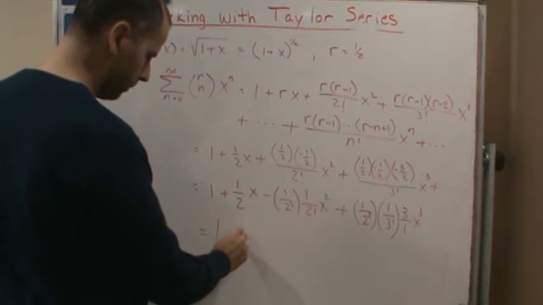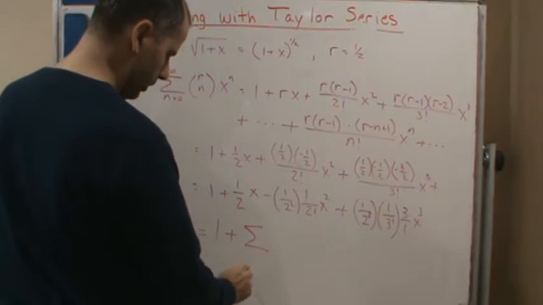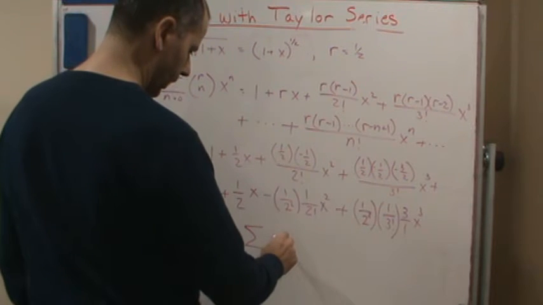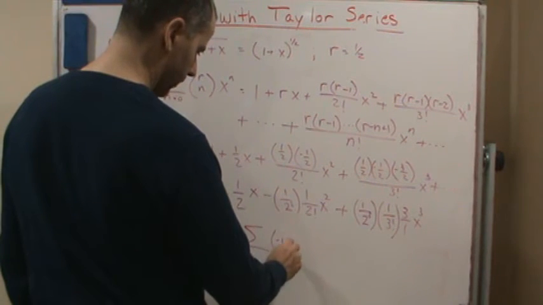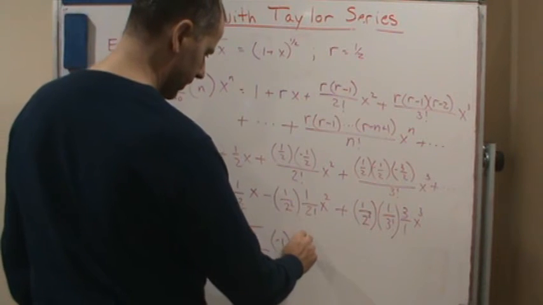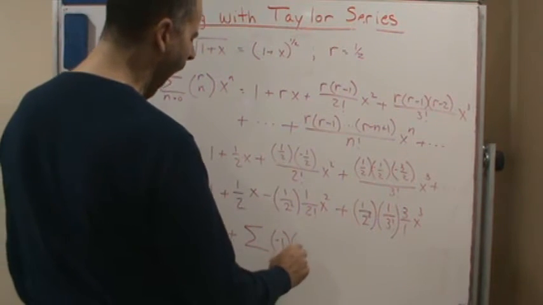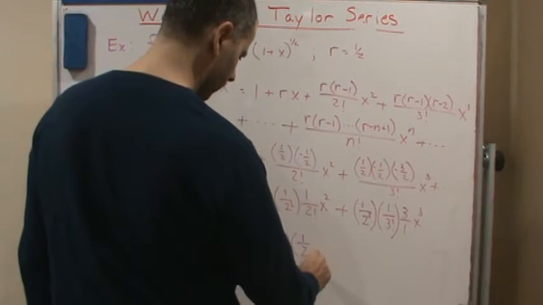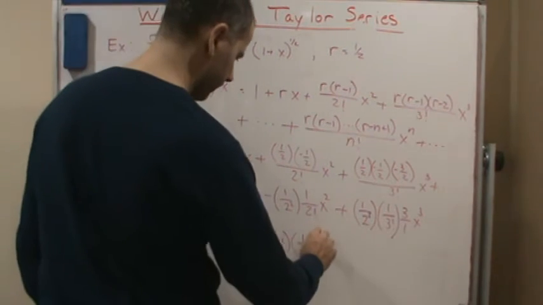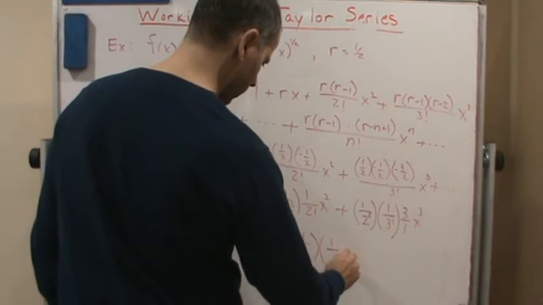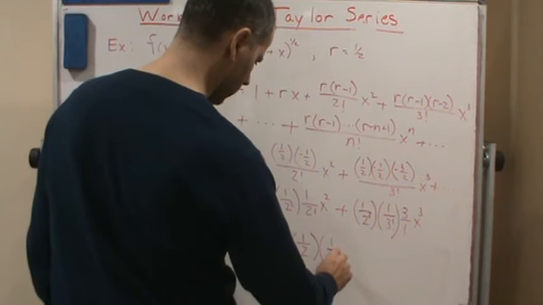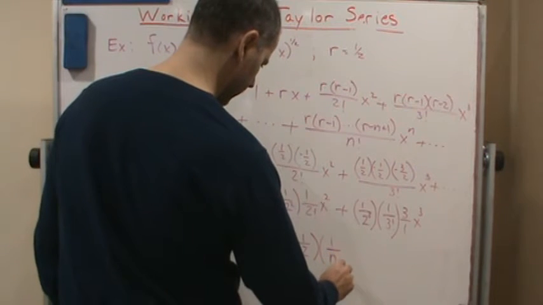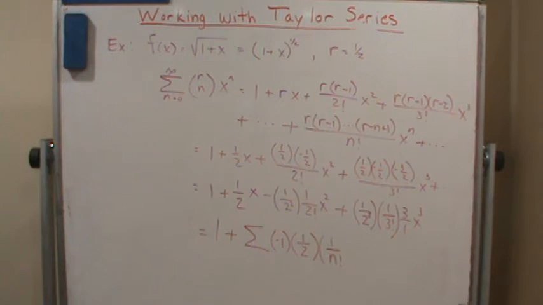We end up getting 1 plus the summation, and we get negative 1, and we get 1 over 2 and 1 over n factorial. So I think that's going to be 2 to the nth power.